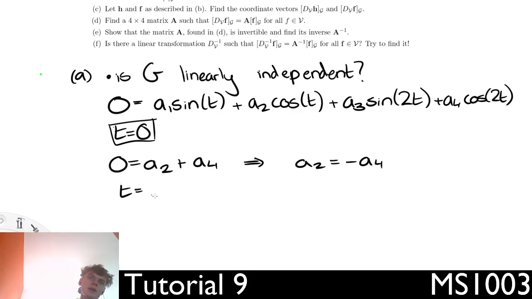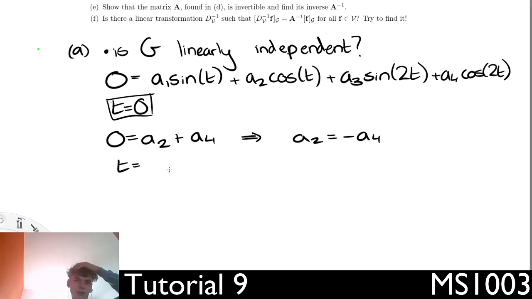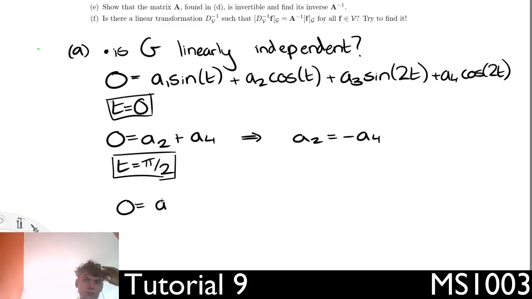And then we need to find another equation. So let t be equal to pi over 2. The sine of pi over 2 is 1. Cosine of pi over 2 is 0.